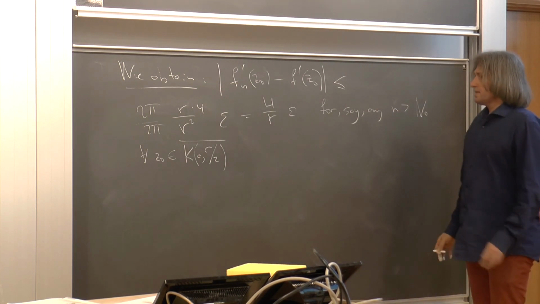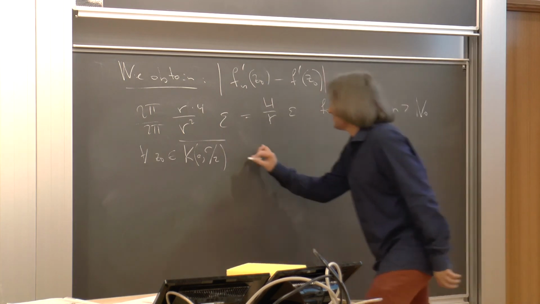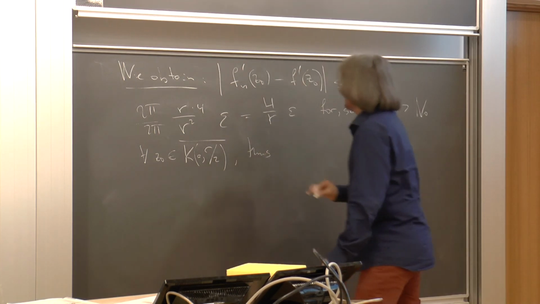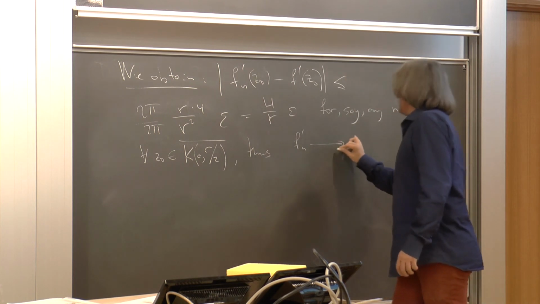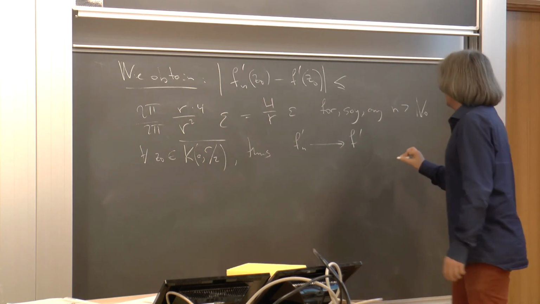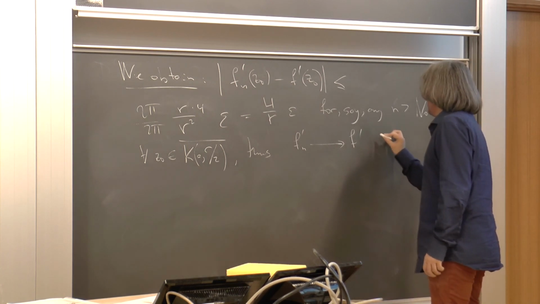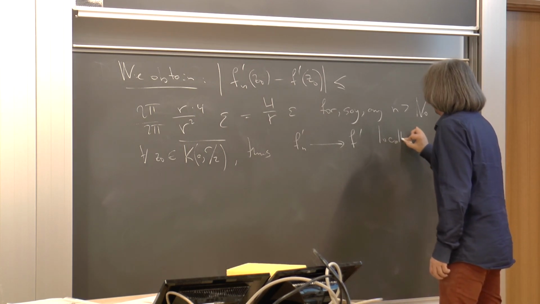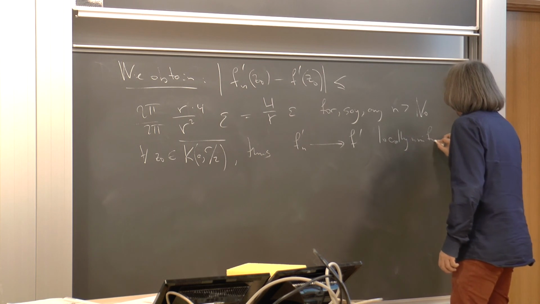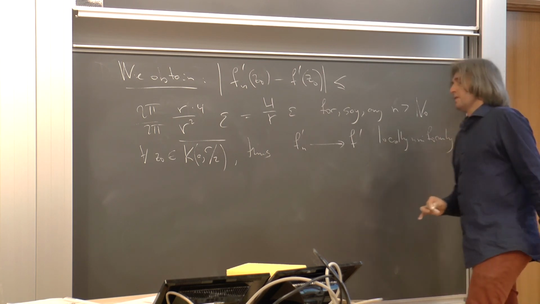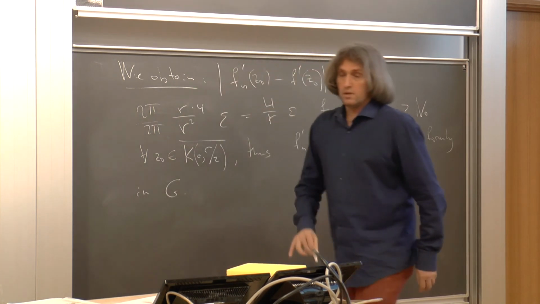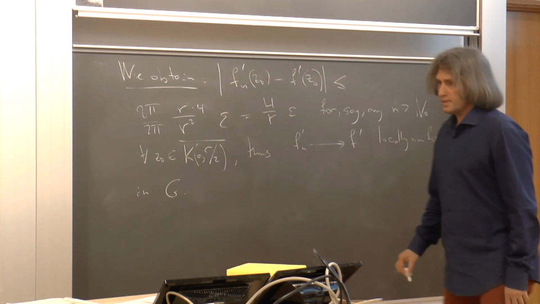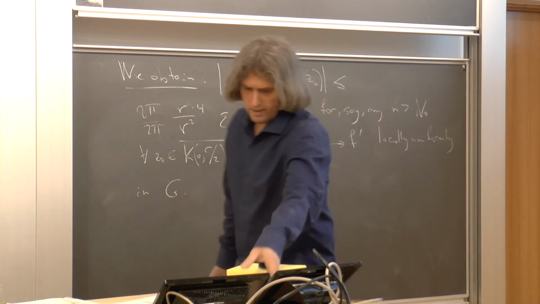Well, this means that Fn prime tends to f prime locally uniformly. Okay, so this is the end of the proof.